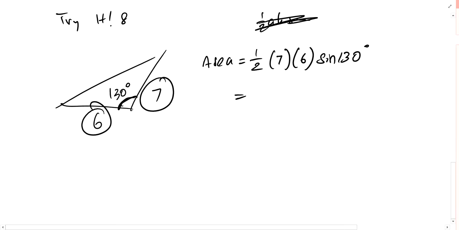How much? 16.1. Give me 5 SF first. 0.8669. So we round it off to 3 SF, 16.1 square centimeters. Alright?